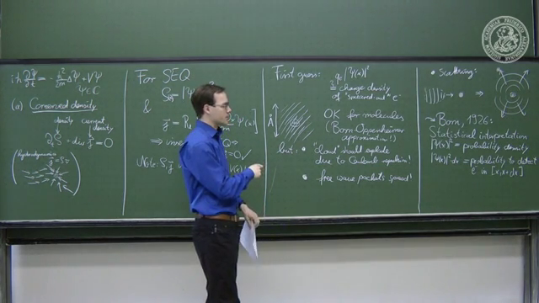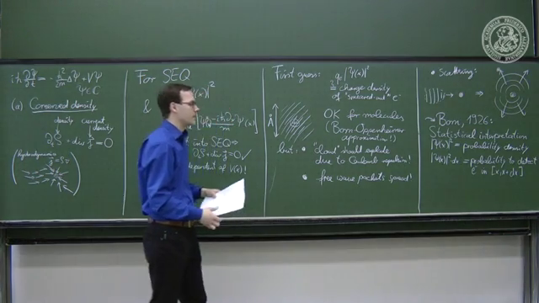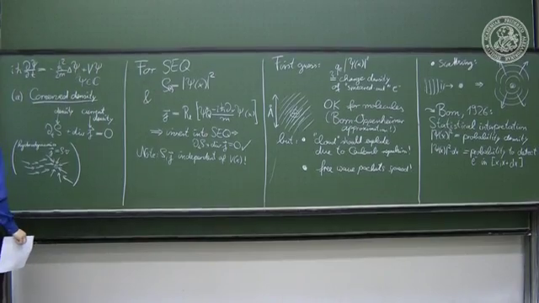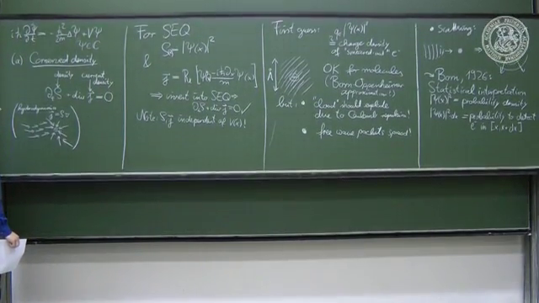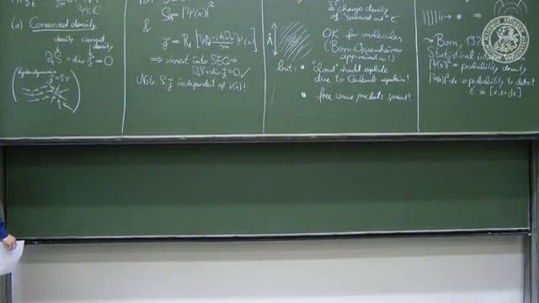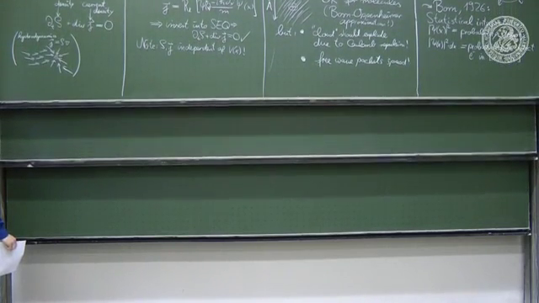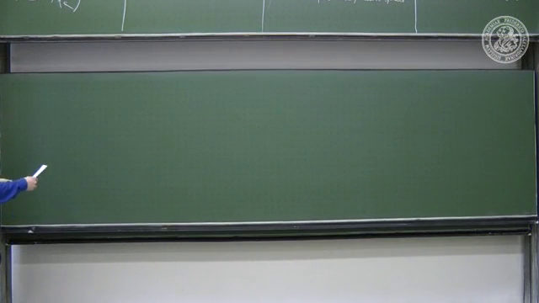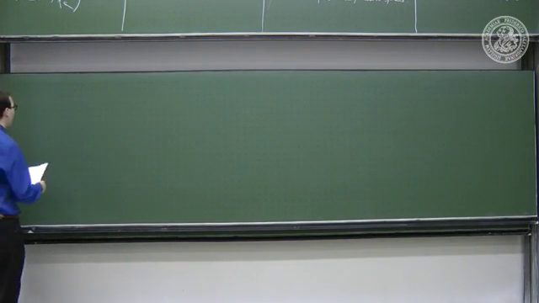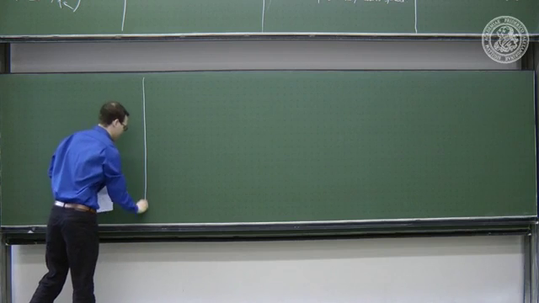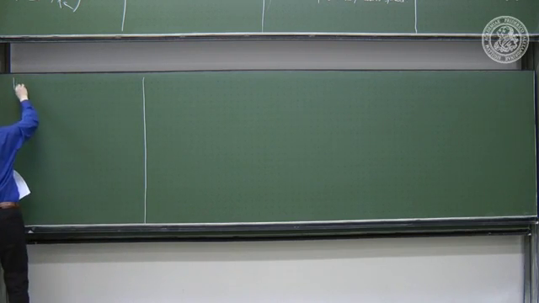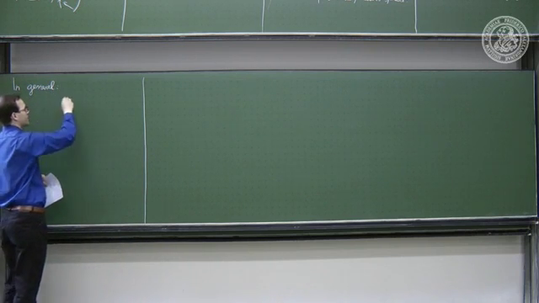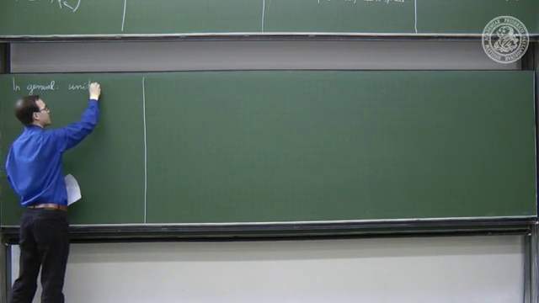So maybe let me just recall this briefly, why even in general we always will have probability conservation. So the keyword here is unitary time evolution.